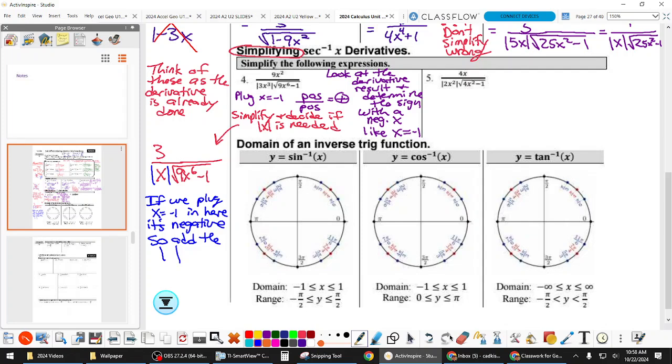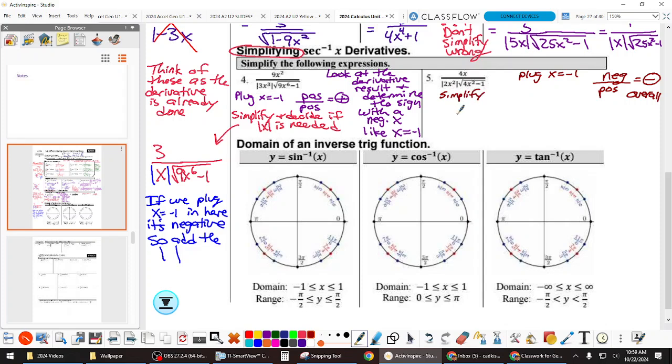Okay, let's try this one. So plug x equals -1 again. Top would be negative. Bottom is positive. I'll write the word positive, I guess. So this is going to be negative overall. Okay, simplify what we can.